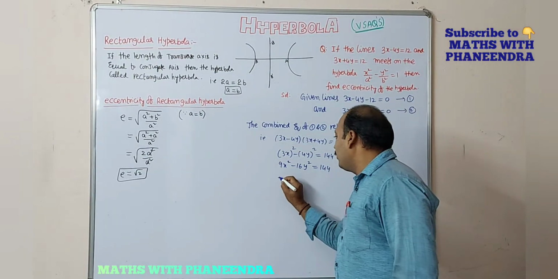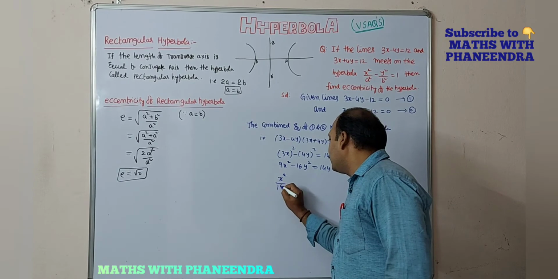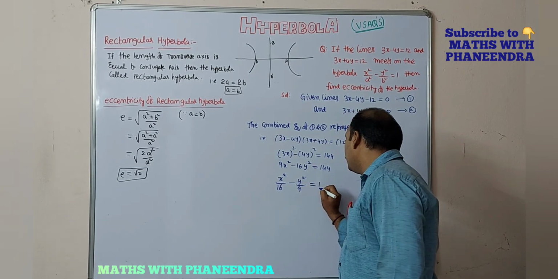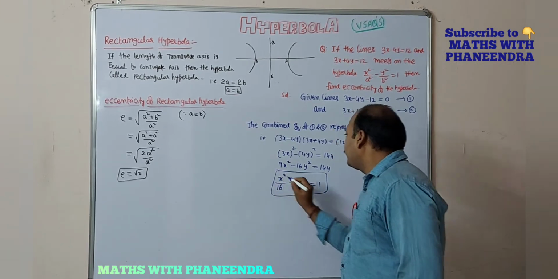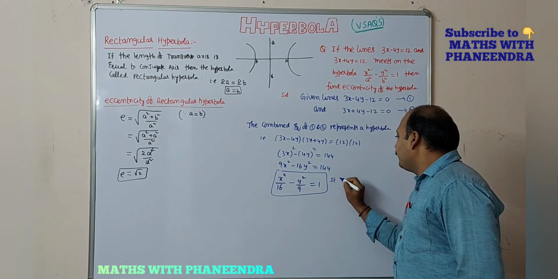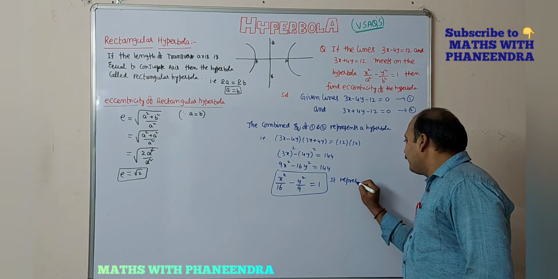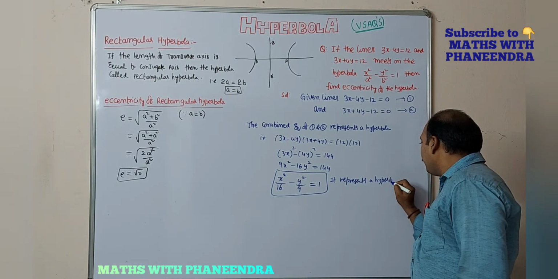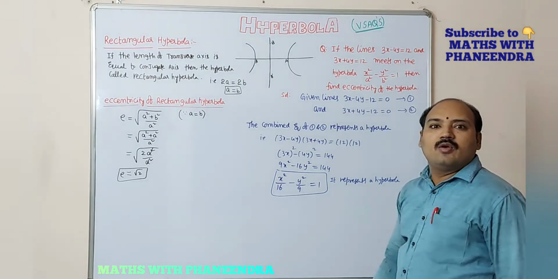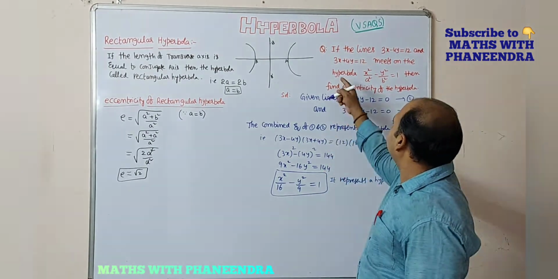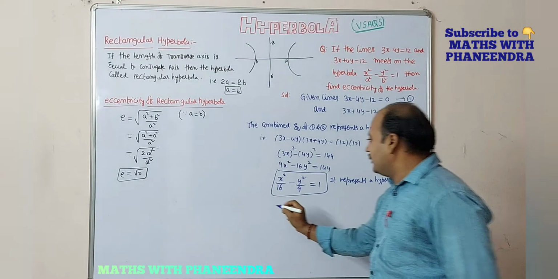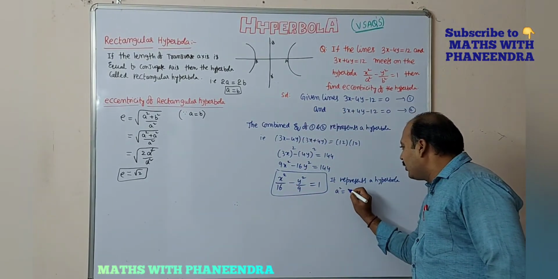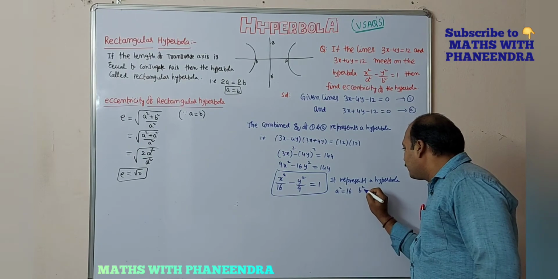Dividing by 144, x square by 16 minus y square by 9 is equal to 1. It represents a hyperbola. Whenever this is a hyperbola, they are asking to find the eccentricity. Therefore, write the a square and b square values here. a square equal to 16 and b square is equal to 9.